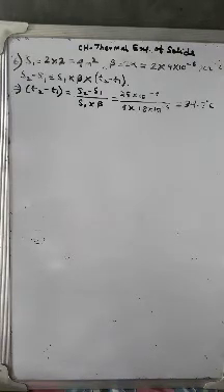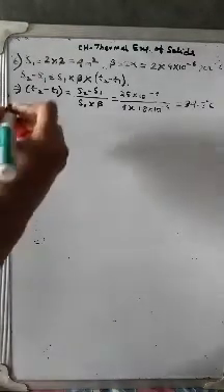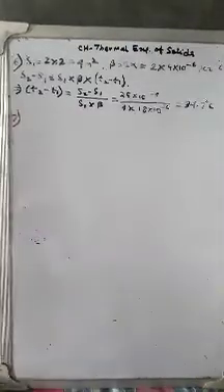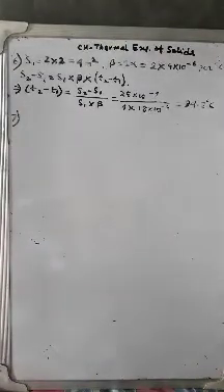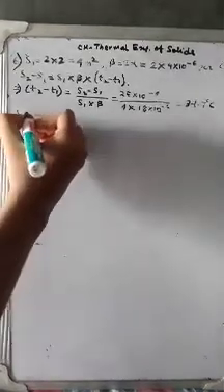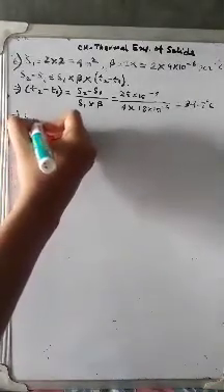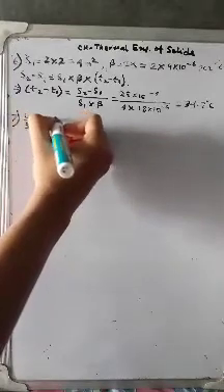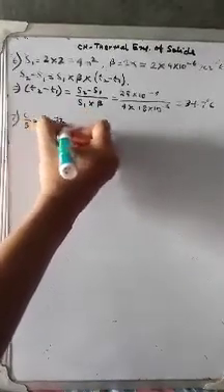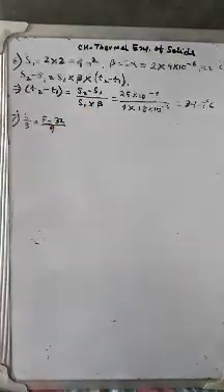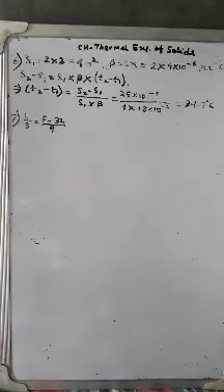That means all the temperatures should be in Celsius. So let's first do that. If you go through the formula, students, we have discussed this: C by 5 equals F minus 32 by 9. Isn't it? We did this formula.